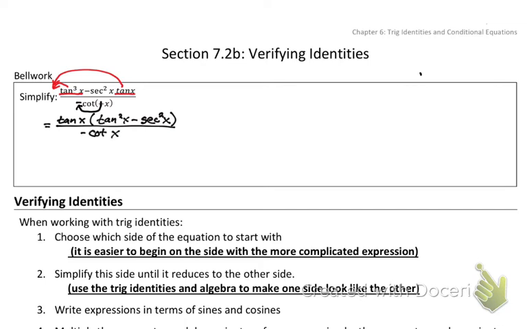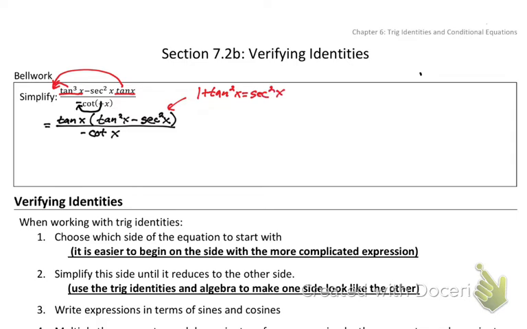Now, I know we did a lot of times where we changed things to sine and cosine, but this isn't one of those. Instead, we should look at this tangent squared and this secant squared. When I start seeing squared things, I think of my Pythagorean identities. And we have a Pythagorean identity that says that 1 plus tangent squared x would equal secant squared x. Well, it's close.